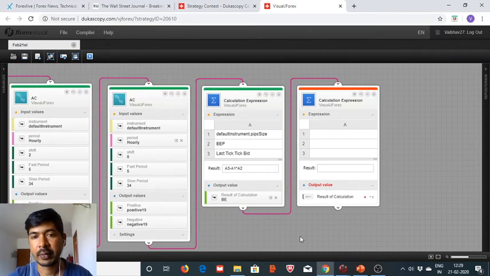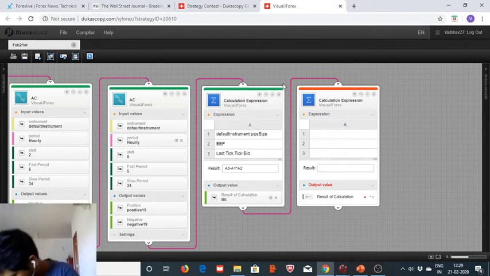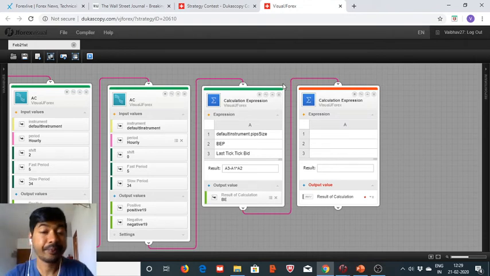And in another we design now the order validity, the time frame for the order validity, and for that we will again need the last tick bid.